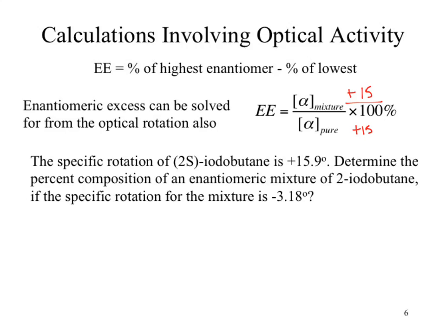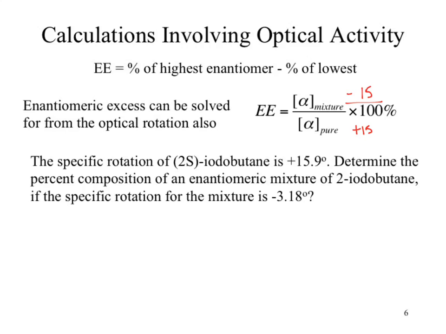If it's pure, I should expect the exact same optical activity. What happens if instead of being positive, I get negative 15? What does that mean? It's 100% excess, but it's of the opposite enantiomer. So we can look at this balance to be able to figure this out.